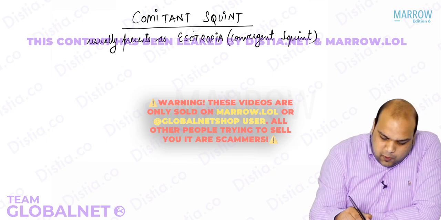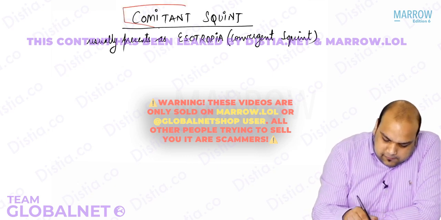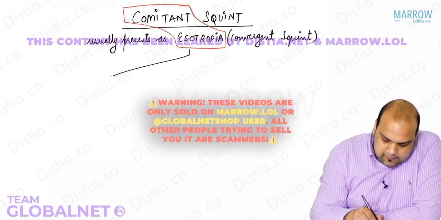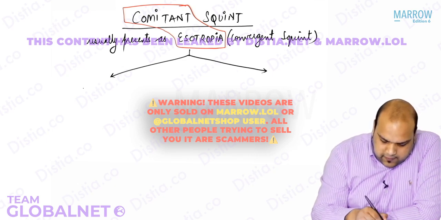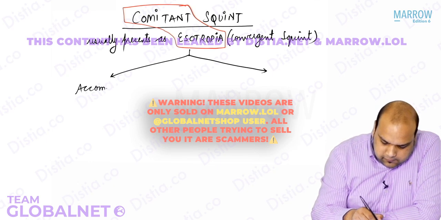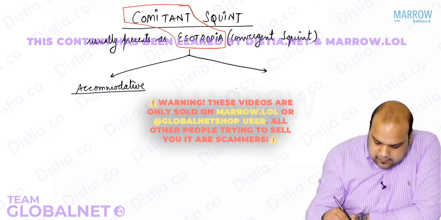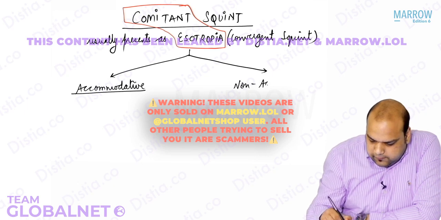Now, this comitant esotropia can be divided into two types: accommodative and non-accommodative.